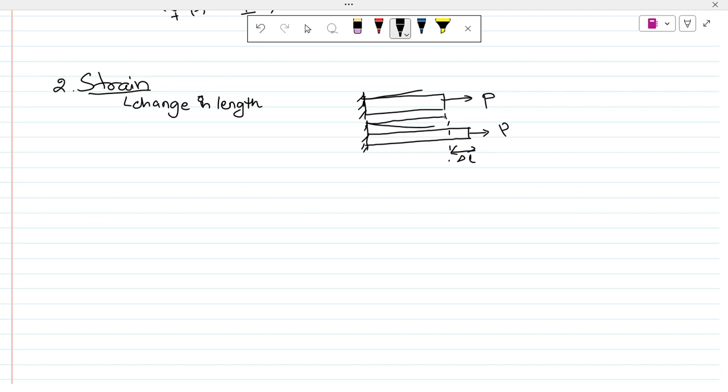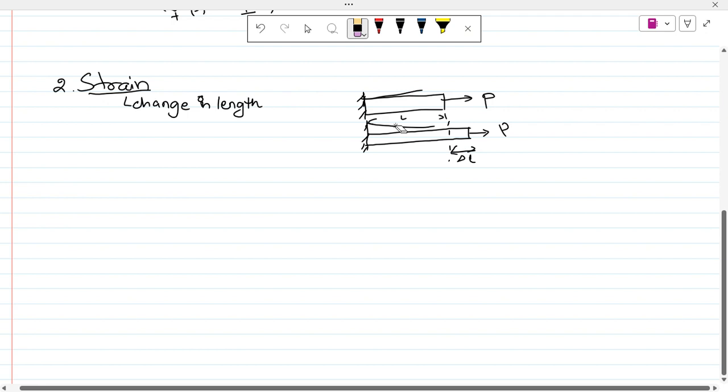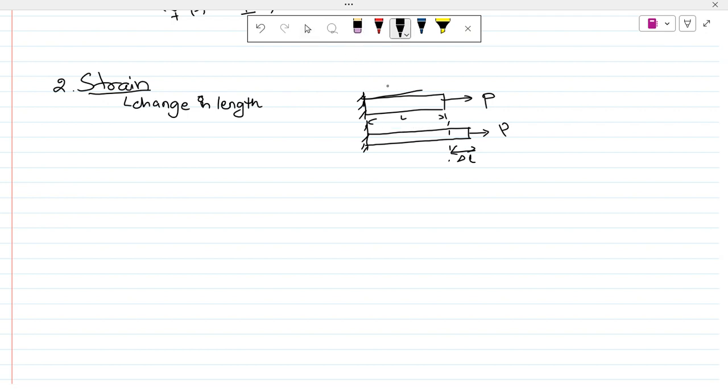If the original length is L, then change in length per unit original length is our strain. We can quantify the strain as e equals change in length del L by L.